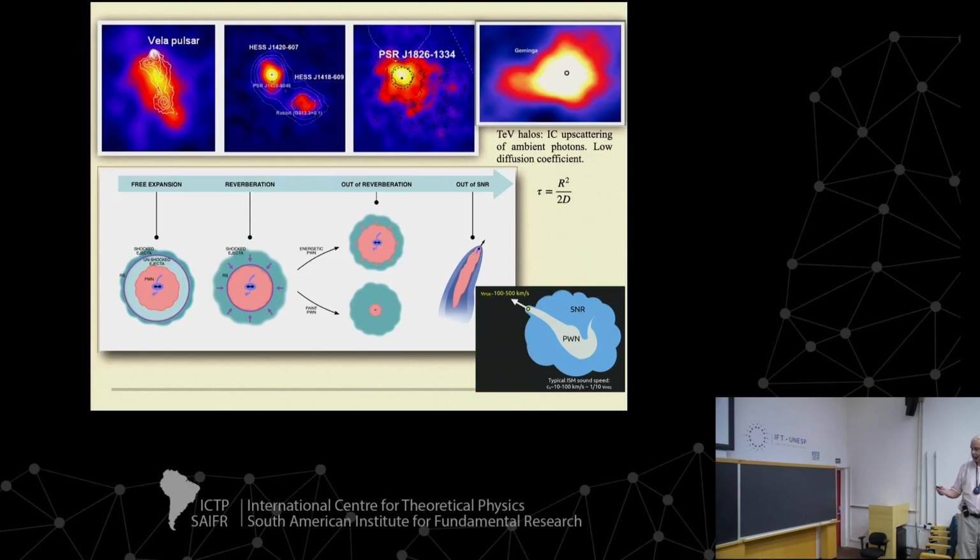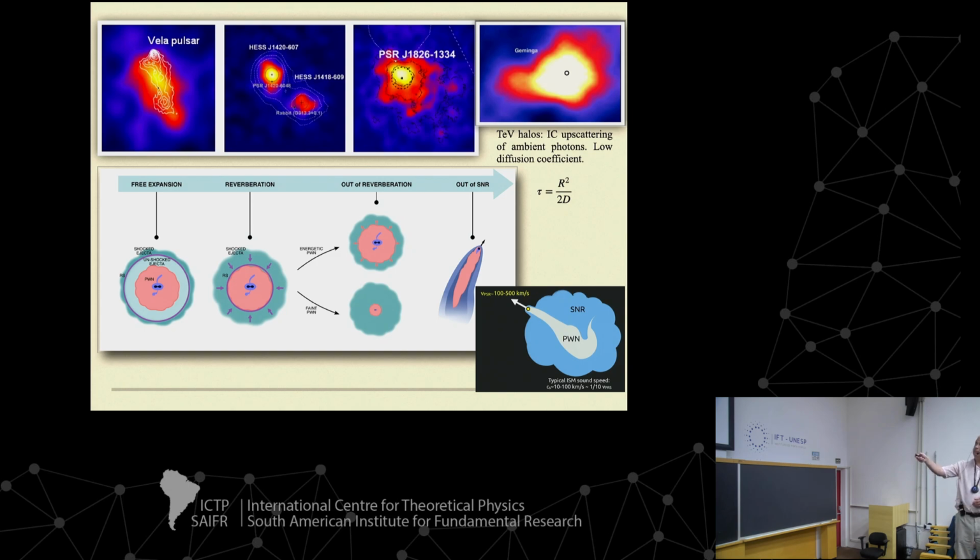So this is a situation like in the Crab, and this is a situation where a pulsar is just ejected, escapes from the supernova remnant, and then it moves through the interstellar medium, but the pulsar still ejects this wind, and this particle wind forms like a cometary tail around the pulsar.